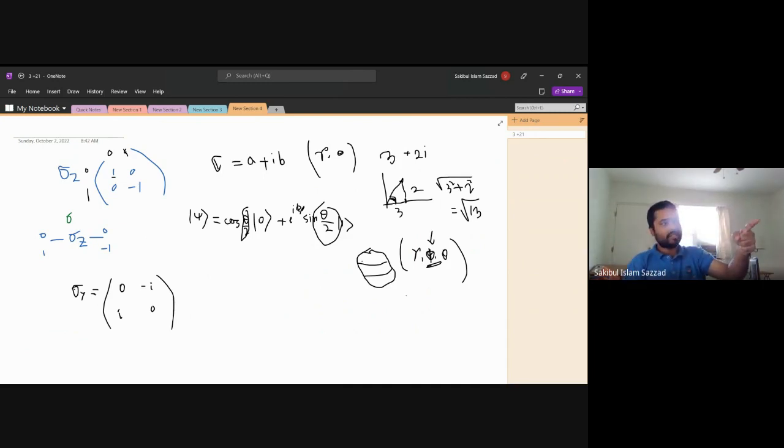But if the angle is something like this, I might not get the same shade for this one. So my measurement value will get changed. Yeah, for the phase it will also get changed. But typically we do it with the absolute value.